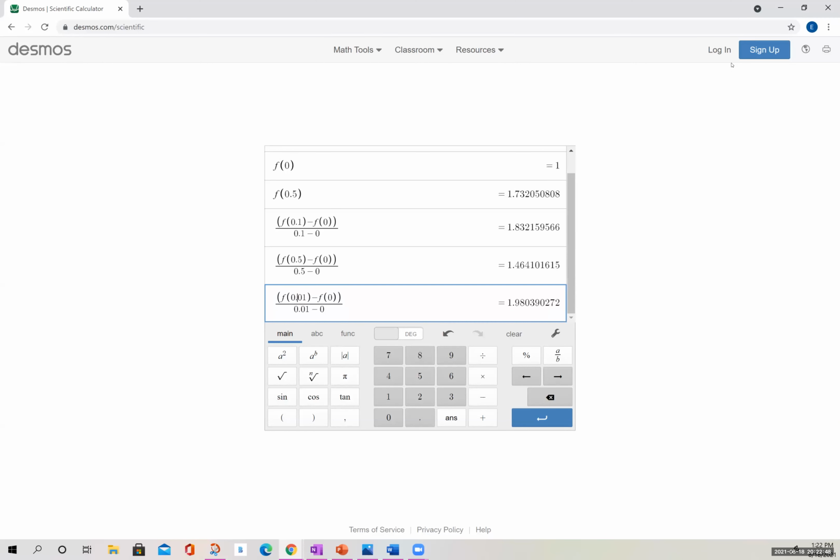I'm just going to write down these: 1.98, x was equal to 0.01. So let's just do one more. Maybe let's even go closer to 0 when we choose a point. How about 5 zeros after that decimal and before our 1?